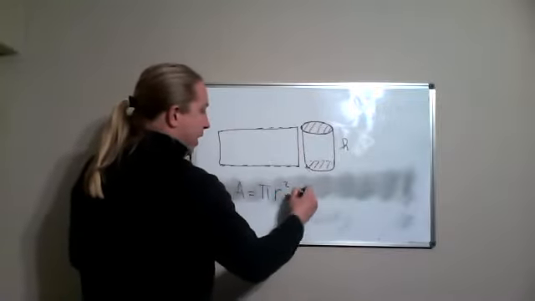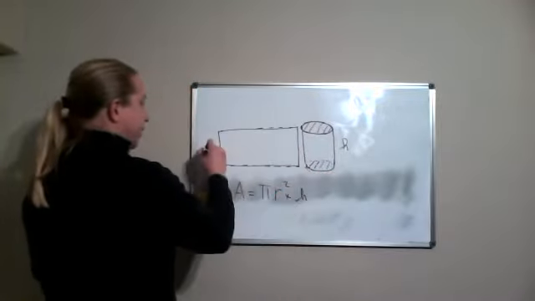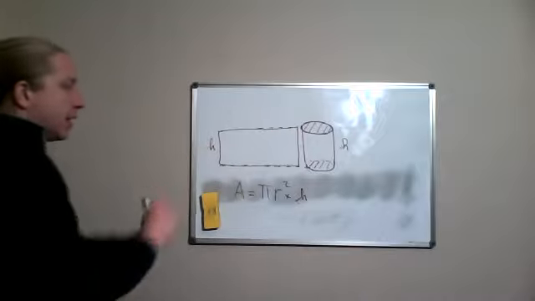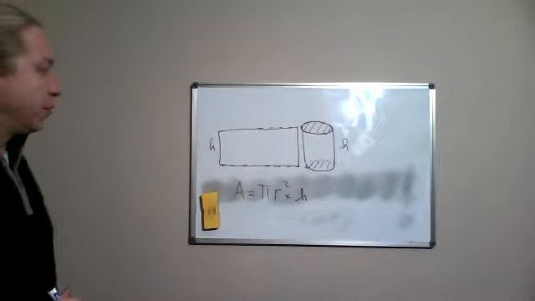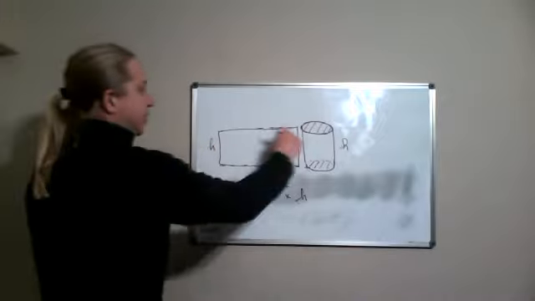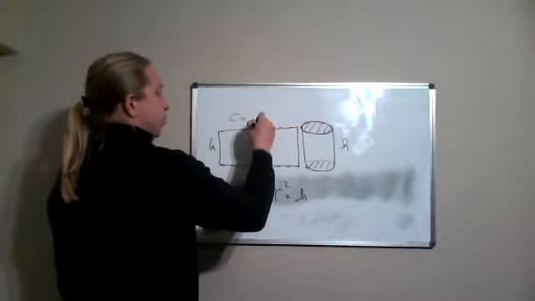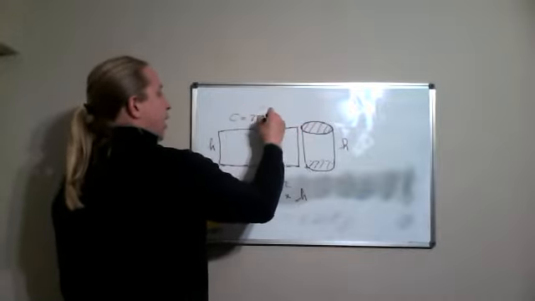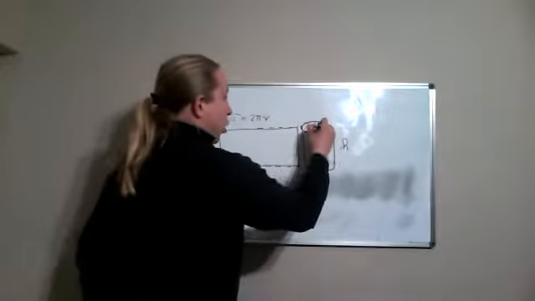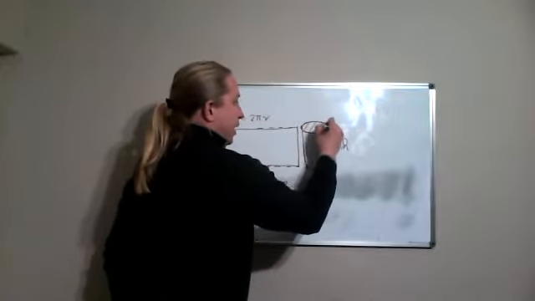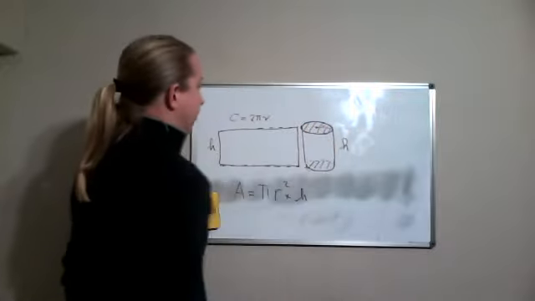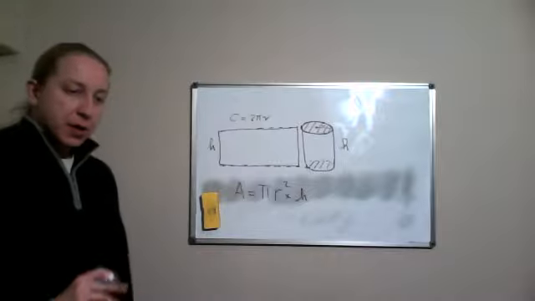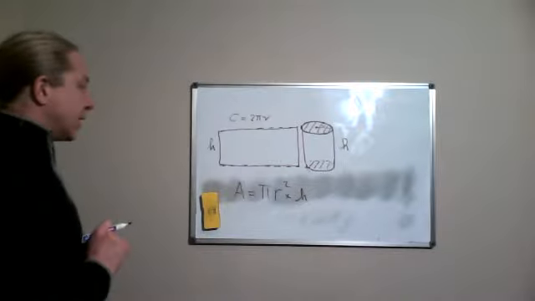So times h, which is the height over here. If we roll it out, that's your h of the rolled out bit, and this piece here is your circumference, which is 2 pi r. So the only measurements you're going to need are the radius r and the h. That's the area of a cylinder.